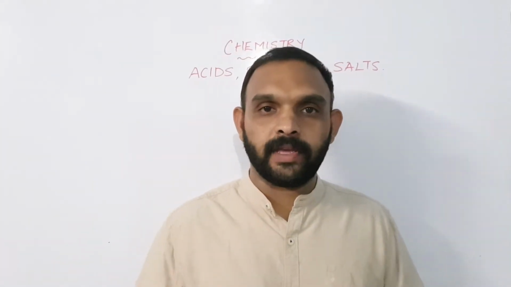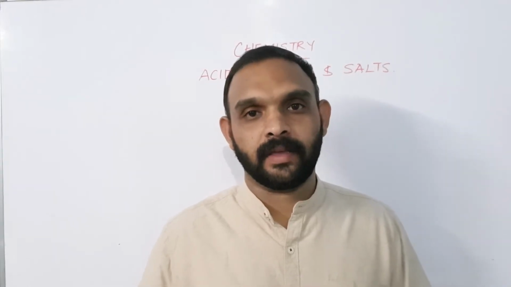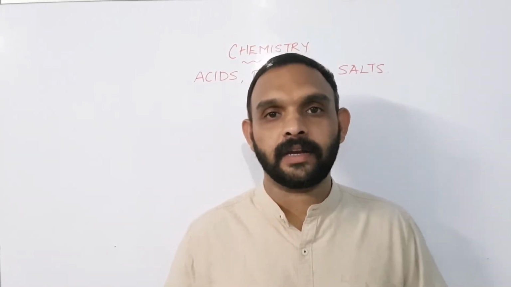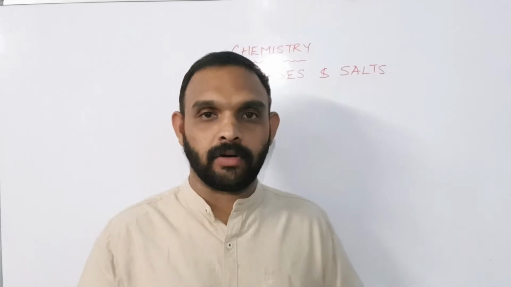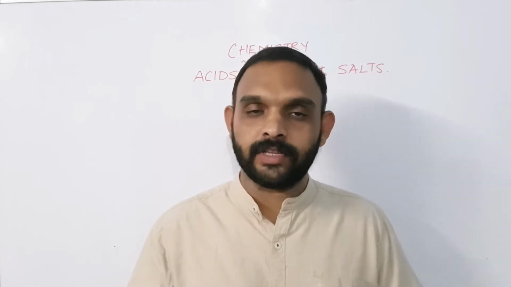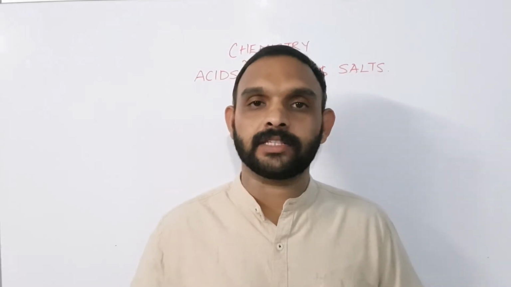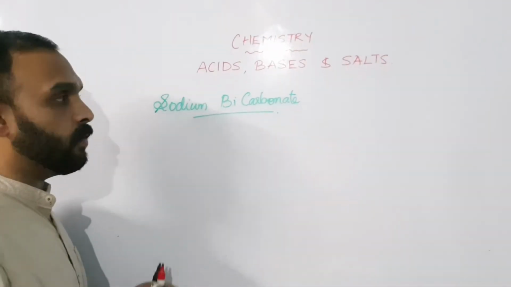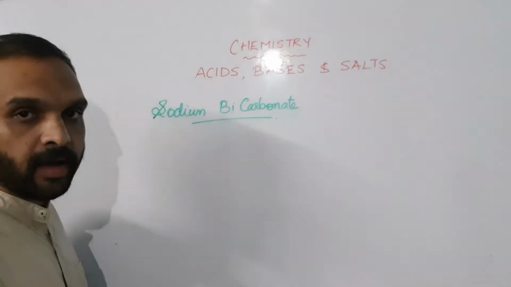So today's topic is about sodium bicarbonate. We know that in our last video we discussed sodium hydroxide, which is an important compound, and today we are going to discuss sodium bicarbonate, which is known as baking soda.